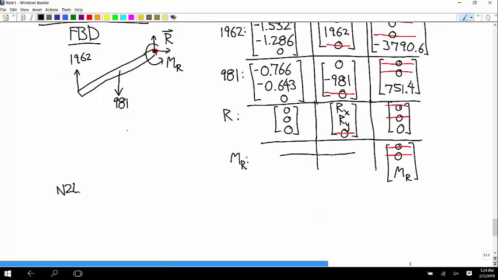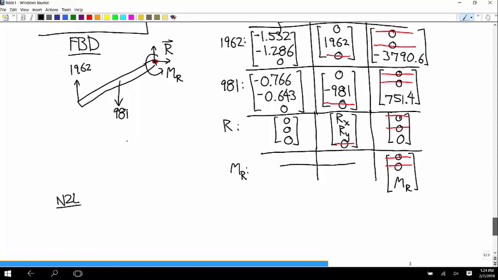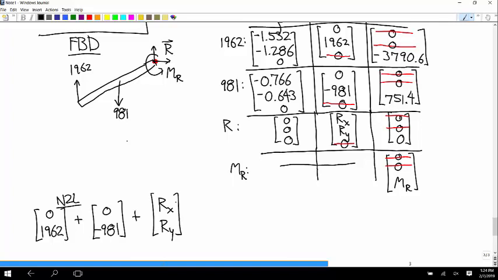So first, Newton's second law says, and now I'm just going straight down that column and adding up all of those vectors: 0, 1962, plus 0, negative 981, plus Rx, Ry is equal to 0s.